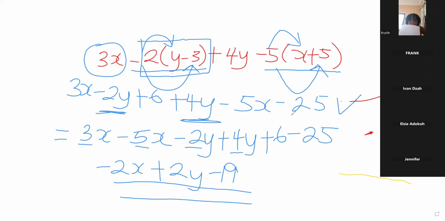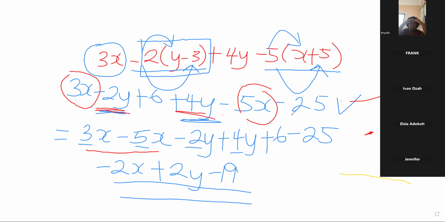So the third line, I group like terms. So 3x and 5x are like terms. So I group them. 5x gets close to 3x, and the sign is what moves. Now I have negative 2y here plus 4y, and I have 6 minus 25.